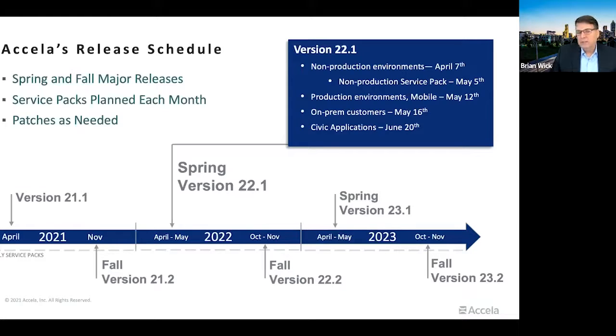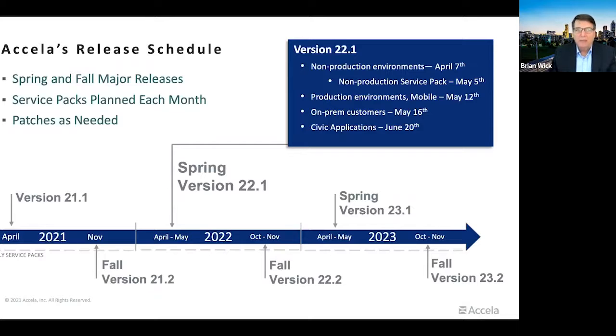So how do you know what the dates of the releases are, and how do you get the notification that a release is coming? The success community, I'm hoping that all of you are in the success community. It's our online forum for customers. We've now really started announcing all of the important information around releases in the success community.